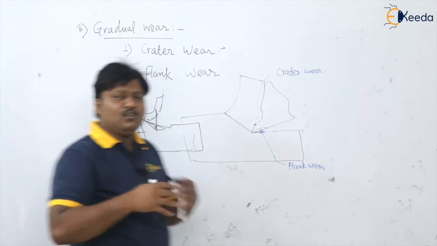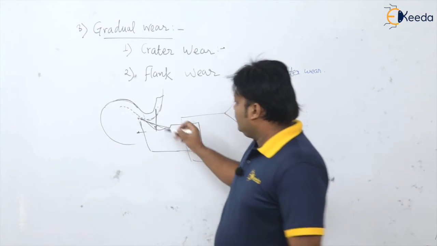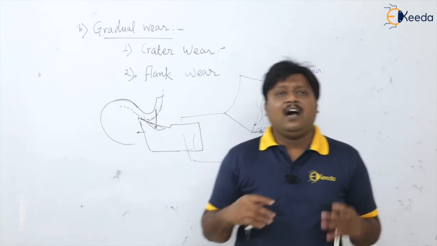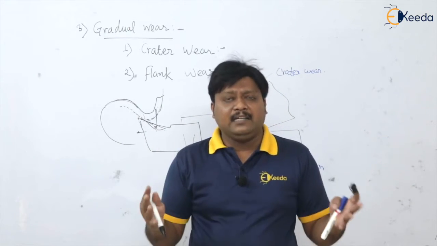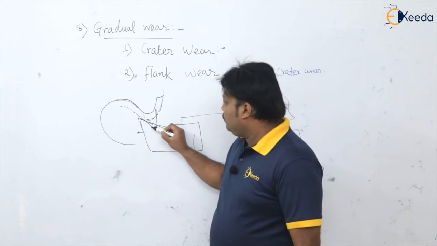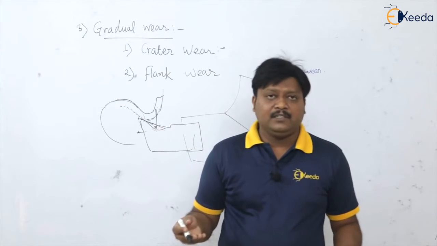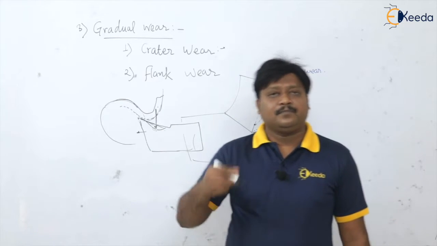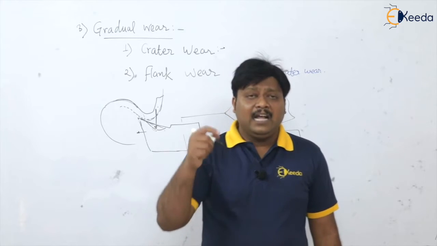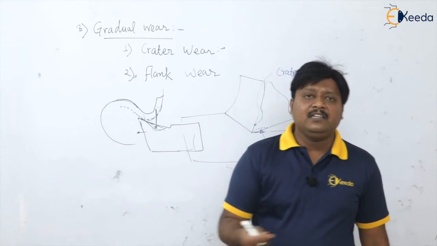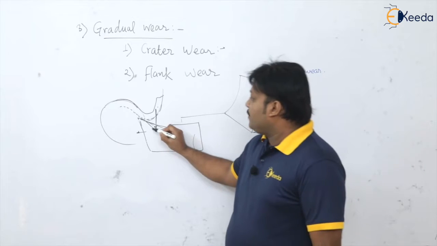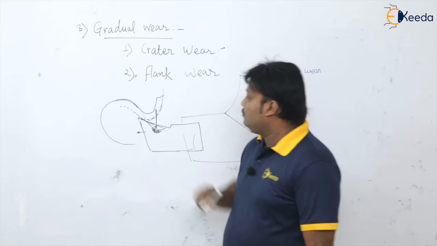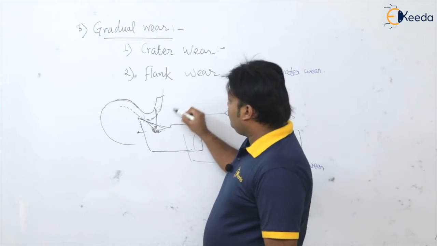Because of that, there is a lot of friction between this chip and the rake face. Because of that, there is a high temperature, and because of this higher temperature, the tool is going to lose some properties, isn't it? That is why the wear and tear is very fast there, and this results in a spherical depression or crater at a certain distance from the tip of the tool.